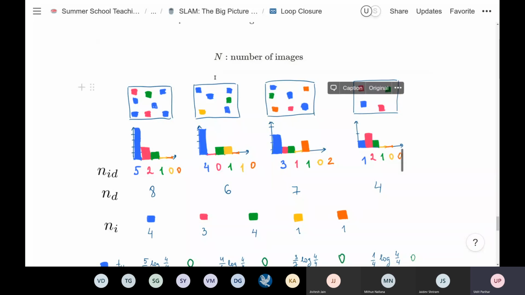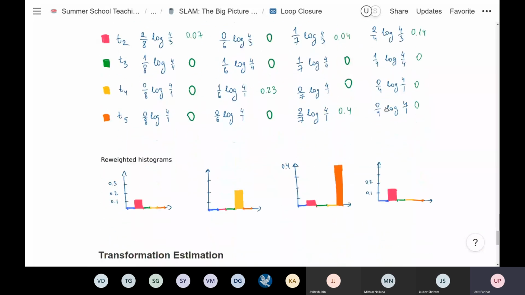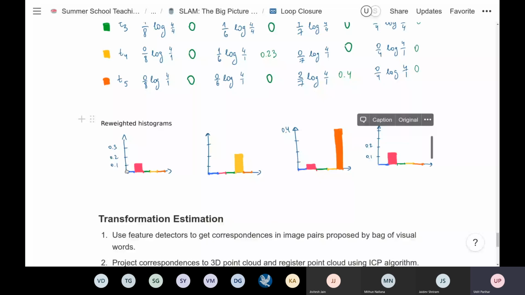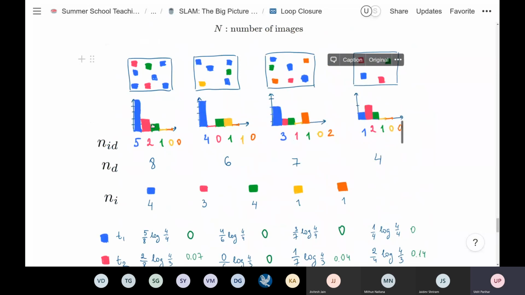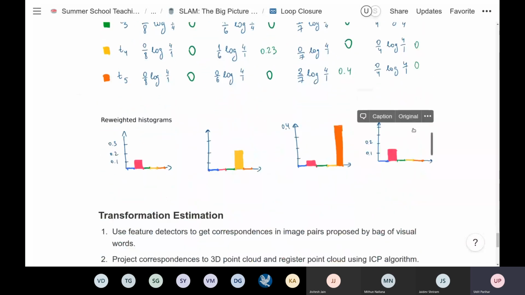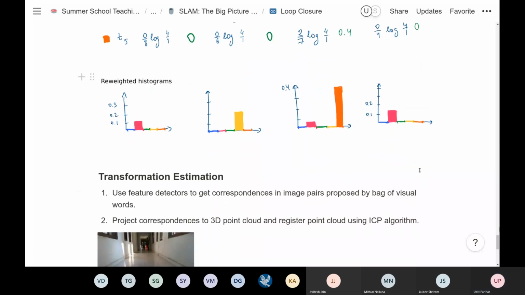So the first and the fourth image are the same, which we obtained from the TF-IDF reweighted histograms, but we did not obtain this using the normal histogram. From the normal histogram we can't say the first and fourth images are similar. But after doing TF-IDF reweighting, we can say that the first and the fourth histograms are similar. So this is what TF-IDF is and how we are going to build a dictionary.